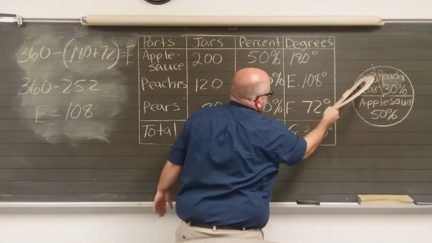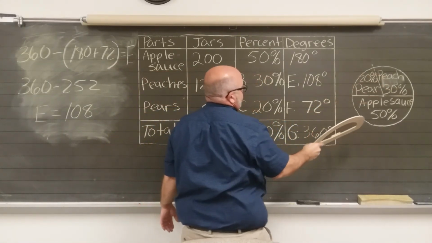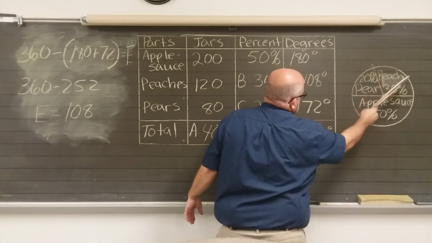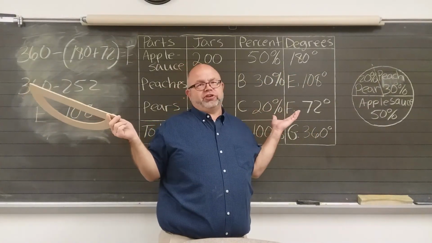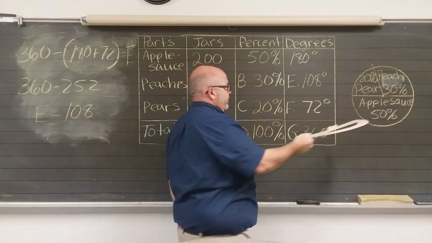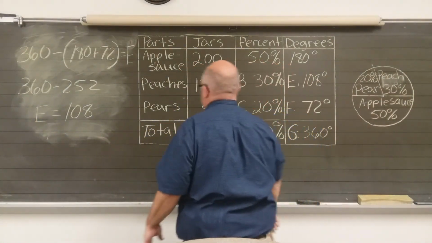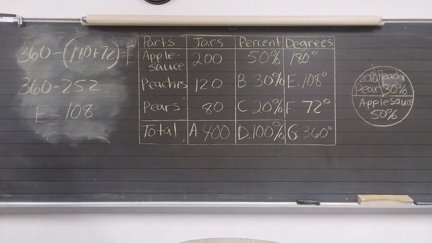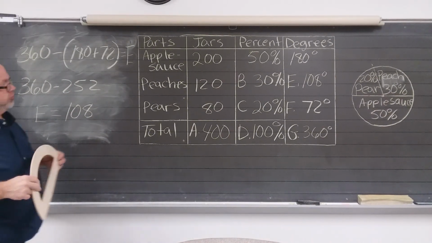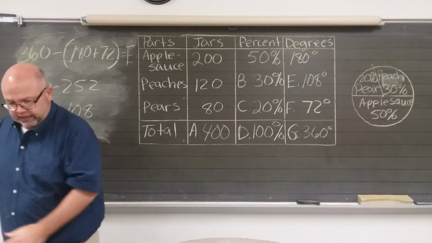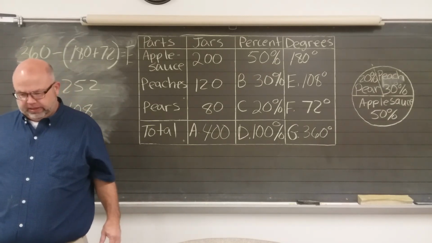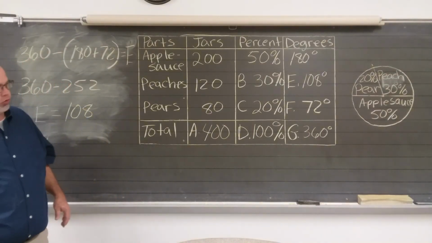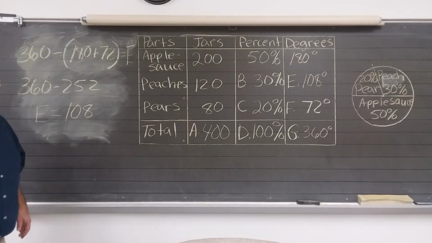Yes. So that should have the smallest piece of the pie. Peaches are a little larger than that. Applesauce is half of it, 50%. You know 50% is half. So if it doesn't take up half of it, then you are not correct. So you will have to draw one in lesson 148. Fill in your chart carefully. And then make a circle graph to go with that. All right.